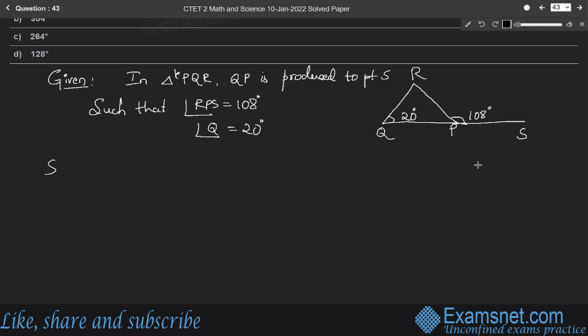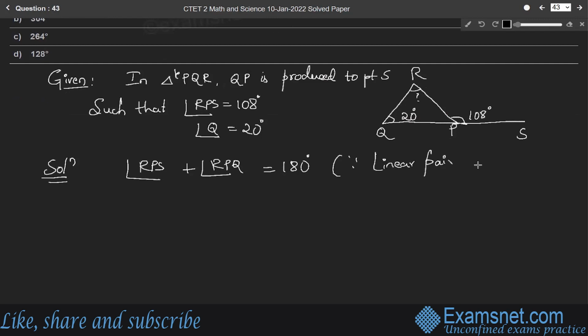Here, solution. First, we have to find the value of angle R. For that, angle RPS plus angle RPQ is equal to 180 degree because of a linear pair of angles.